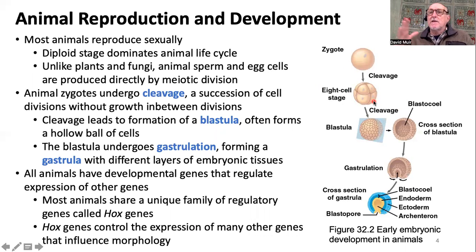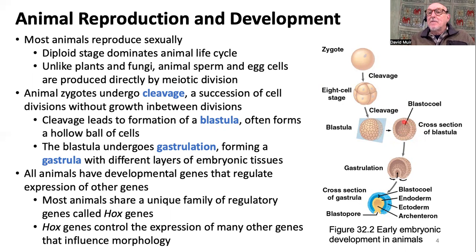Now we're going to learn that there are actually two predominant means whereby cleavage occurs. But the result of cleavage is that a hollow ball of cells is produced, which is called the blastula.